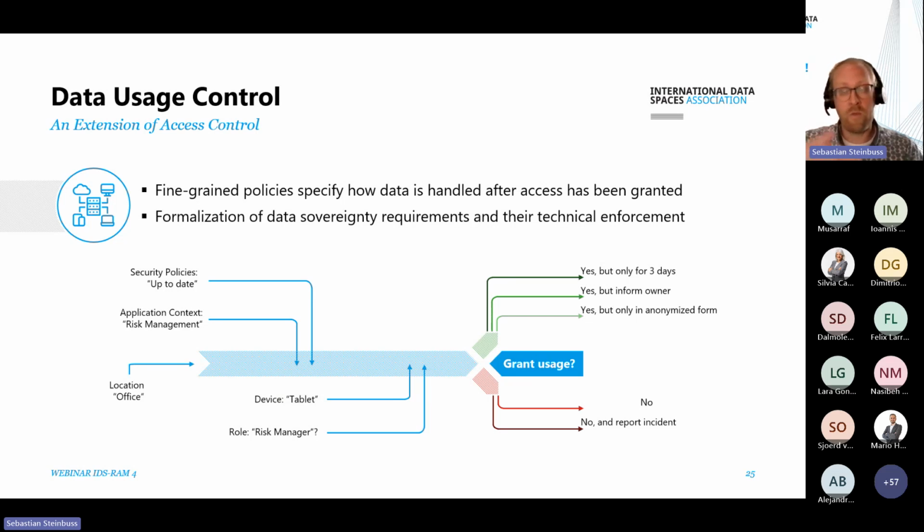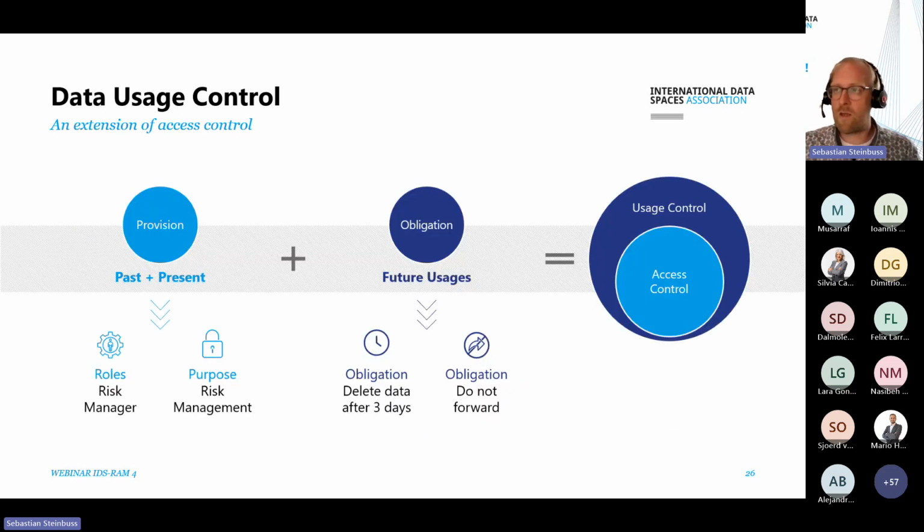And likewise, no, you tried to access the data, you weren't allowed to, and I have to report this, I have to log this somewhere. So this is the general idea of what we want to implement. And then we see, okay, data usage control is an extension of access control. So the provisioning, which is typically access control in past and present, now you get access, but we also want to put obligations on top of that.